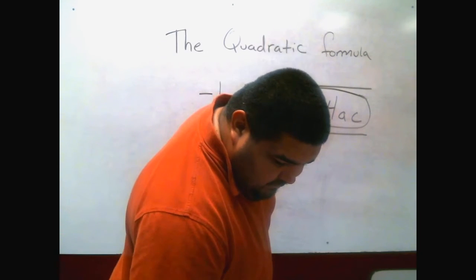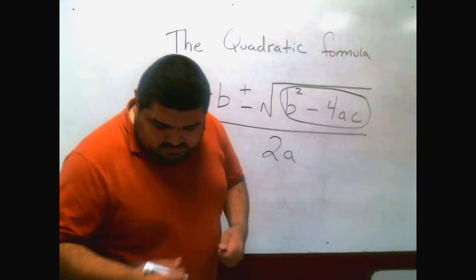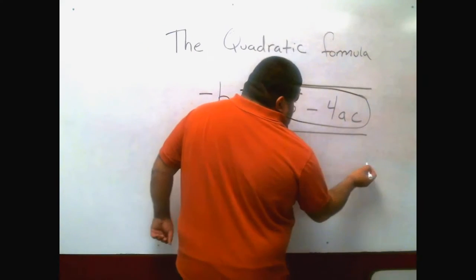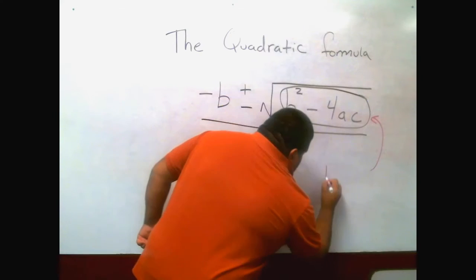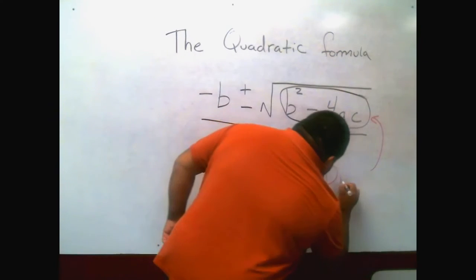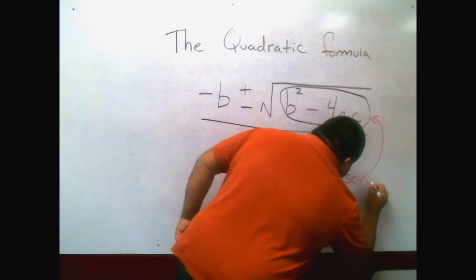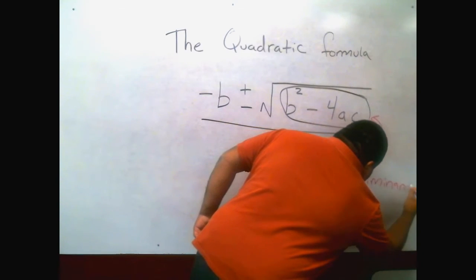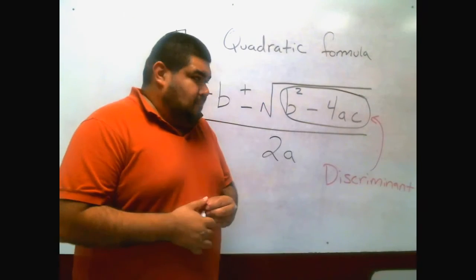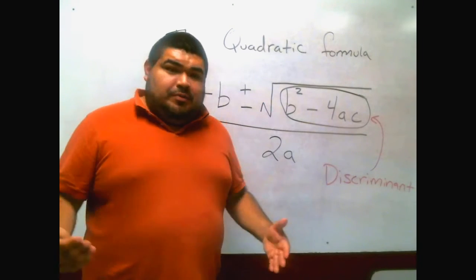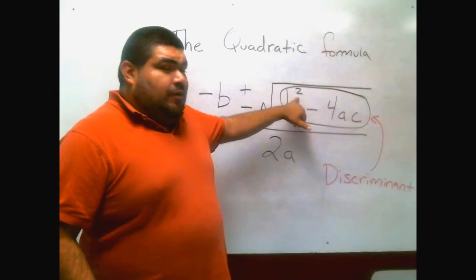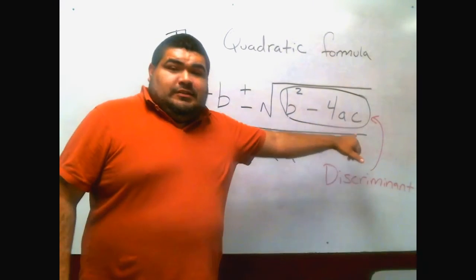That is called the discriminant. We're only going to start with that little piece. We're not even going to worry about the radical right now. All we're going to worry about is b squared minus 4ac.